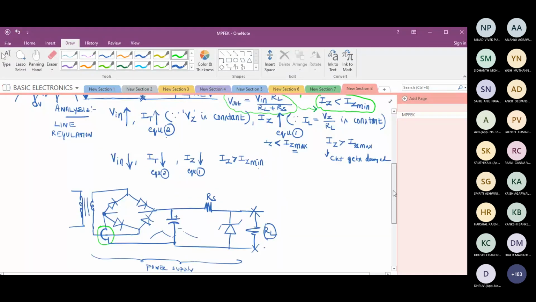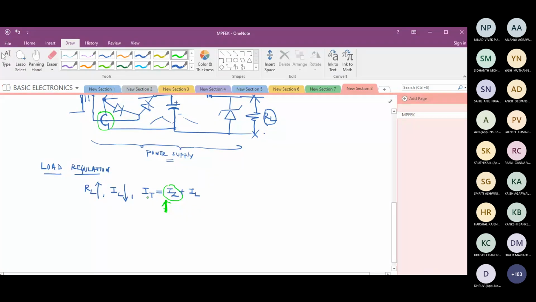So I write, since IT is constant, IZ will rise. So this parameter is going to rise, IZ. Can IZ cross IZ max?